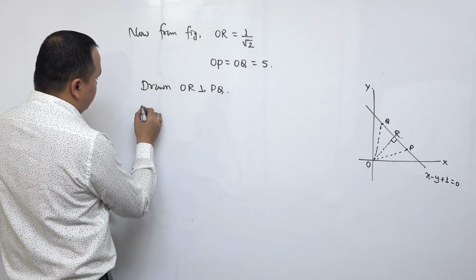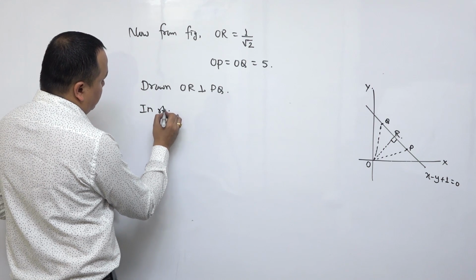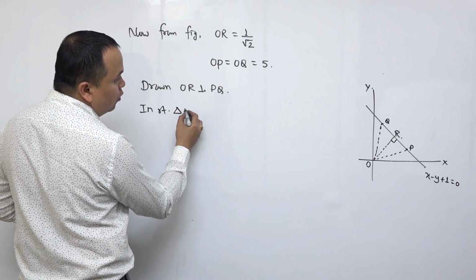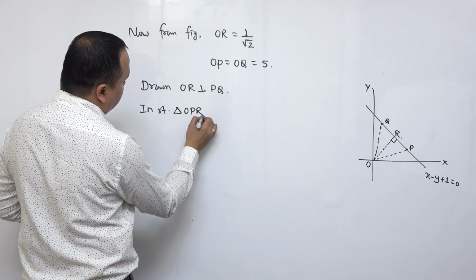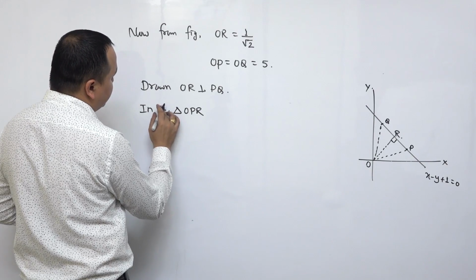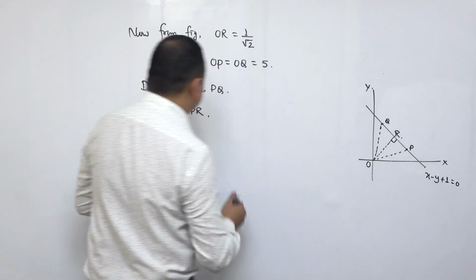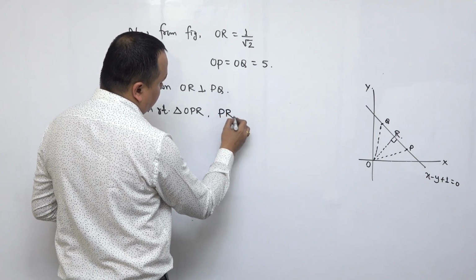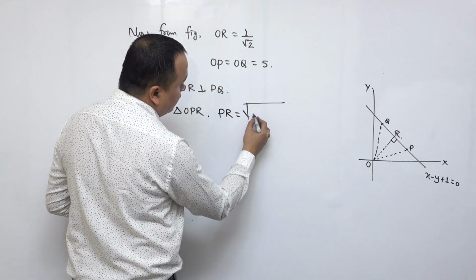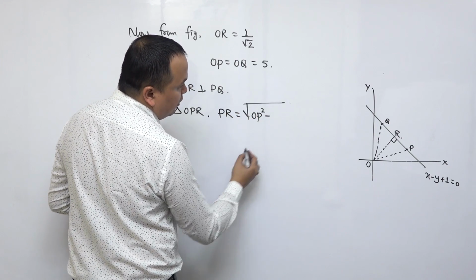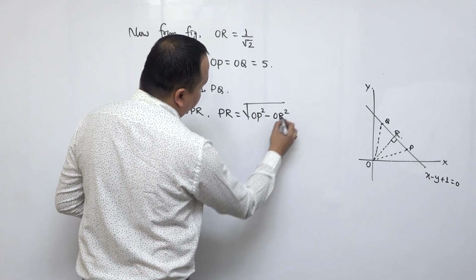In right angle triangle OPR, PR is root over OP square minus OR square.